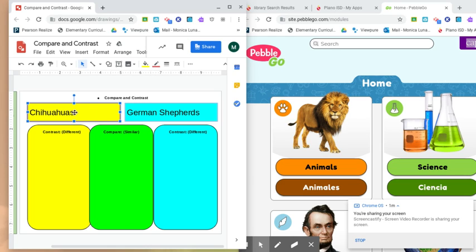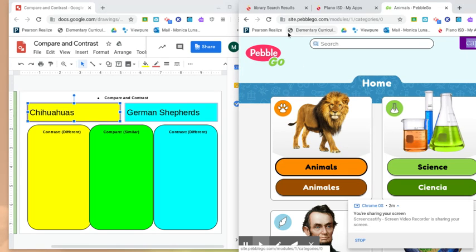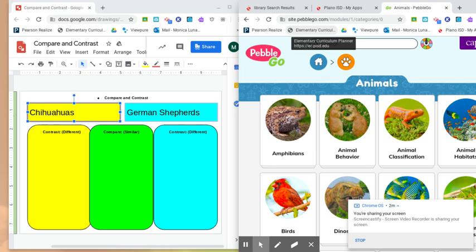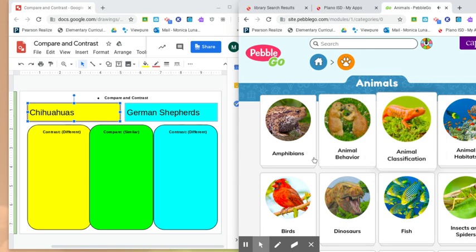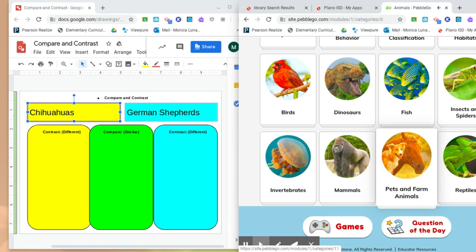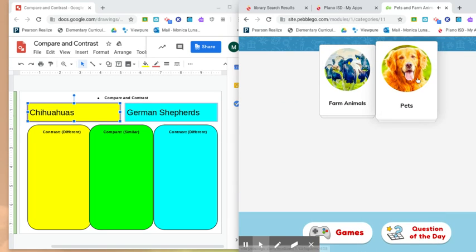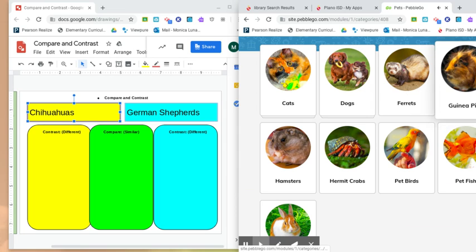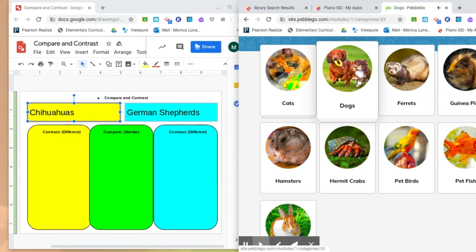All right, so let's first go with Chihuahuas. So I know that you are familiar with Pebble Go. Okay, so you're going to have to log into Pebble Go, find an animal, and I am going to go to mammals, then pets, and we're going to do dogs.